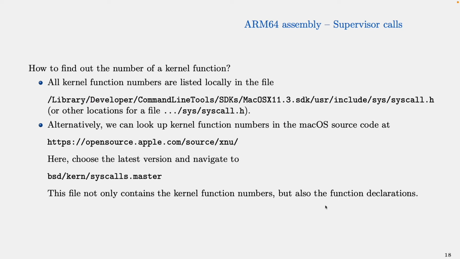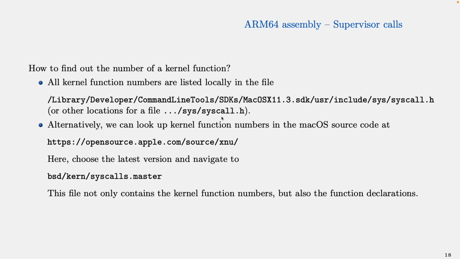Now, as I said, supervisor calls are determined by a unique number, and you may ask yourself, how do I find this number? You can find it locally on your Mac by looking for the file sys/syscall.h in some directory. For example, one of the directories is this one.